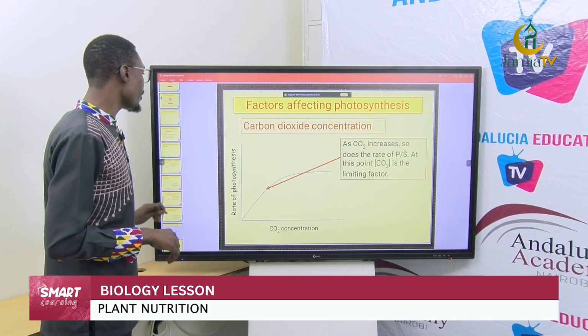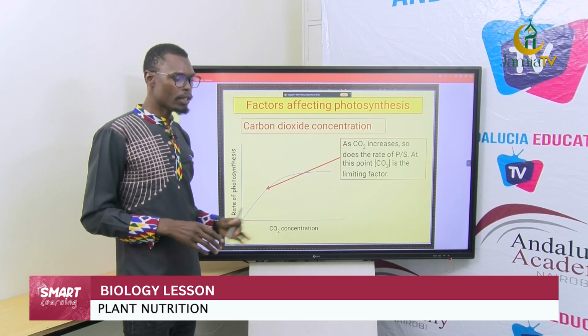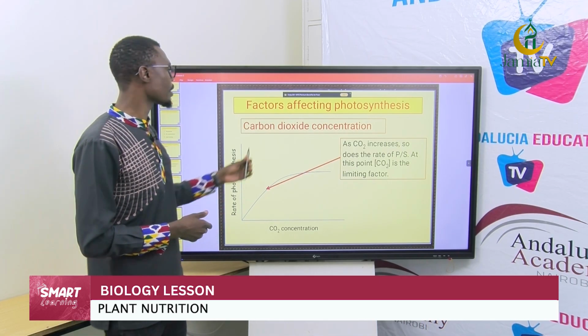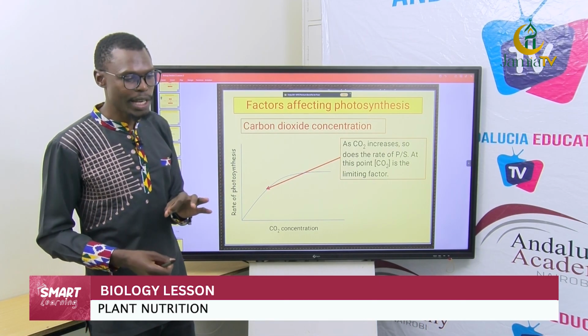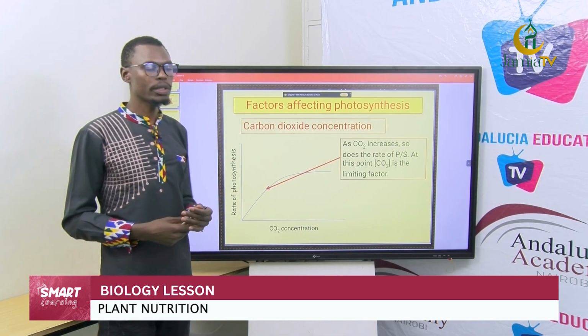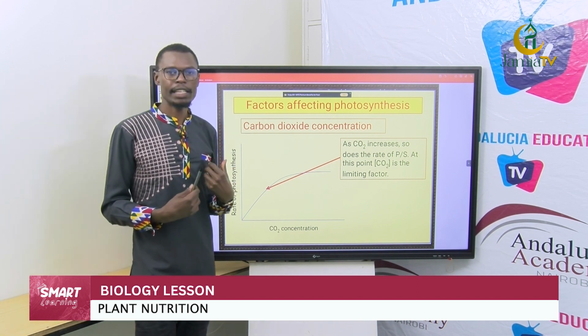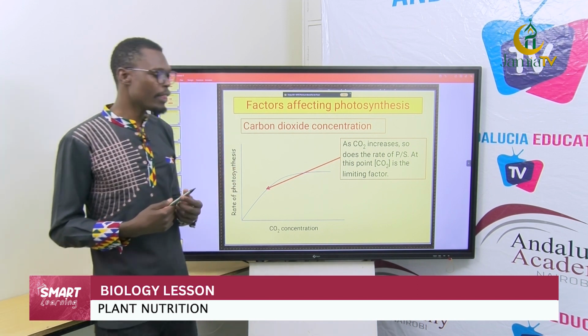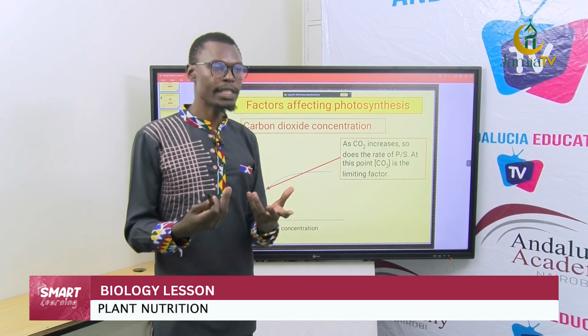Then we have the carbon dioxide concentration. The second one is carbon dioxide concentration. Carbon dioxide is one of the raw materials which we have just talked about being used during photosynthesis. But its concentration in the atmosphere, how is it important?